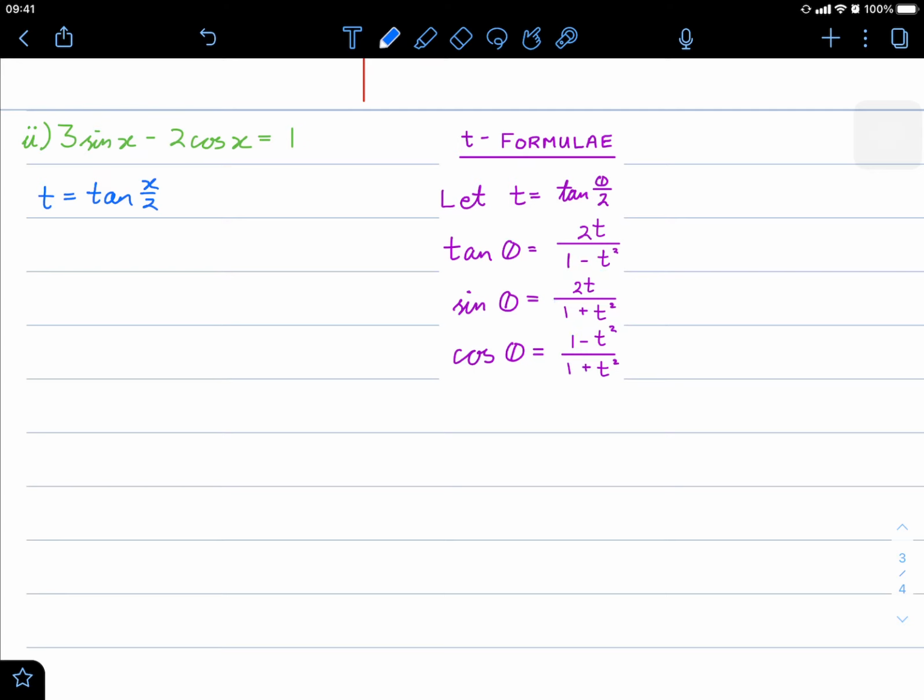Let's do that now. It's going to be 3 outside of 2t all over 1 plus t squared. And for cos, it's going to be negative 2 times 1 minus t squared over 1 plus t squared equals 1.